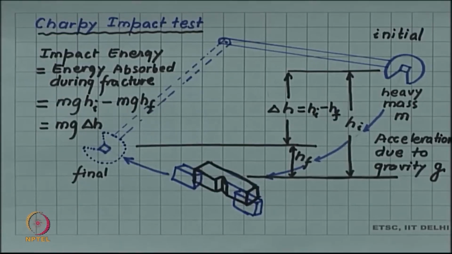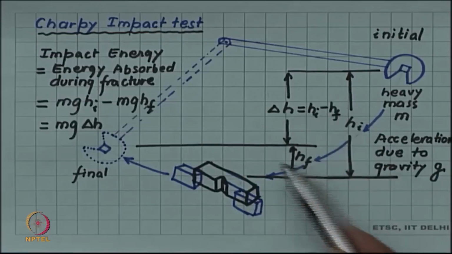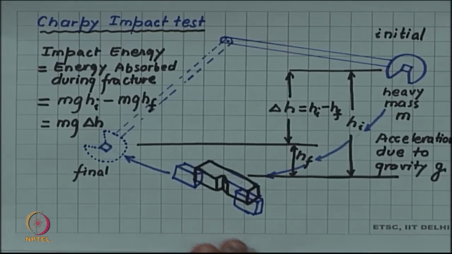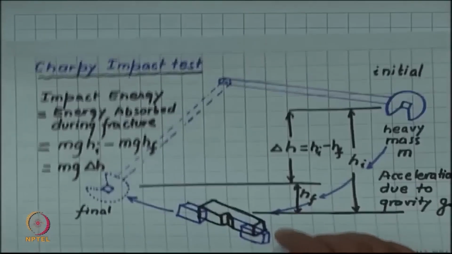So, this is a very simple test. You release the pendulum, break the specimen and let the pendulum swing to a final height hf. The difference in the potential energies of initial and final gives you how much energy has been absorbed in the fracture of the material. This fracture energy can be studied as a function of temperature if we keep the sample at different temperature.